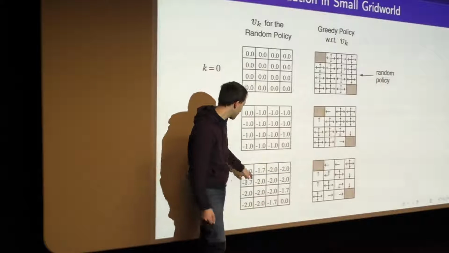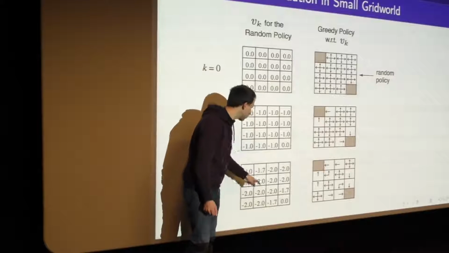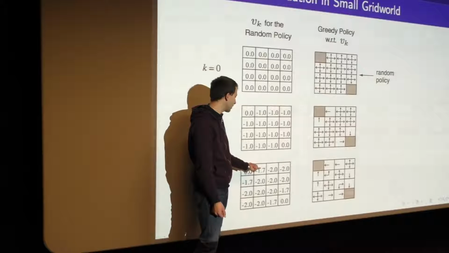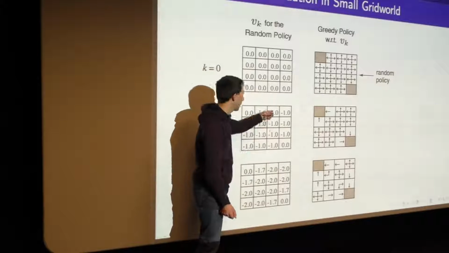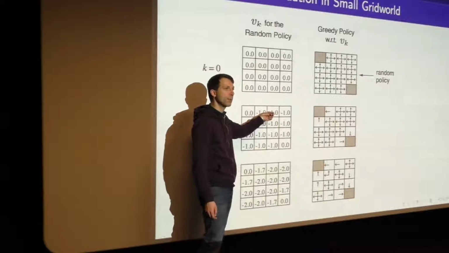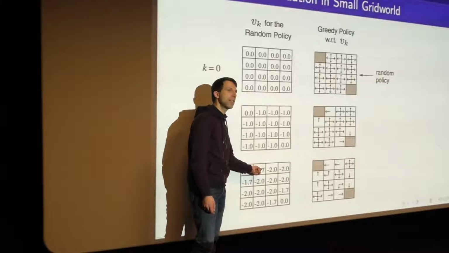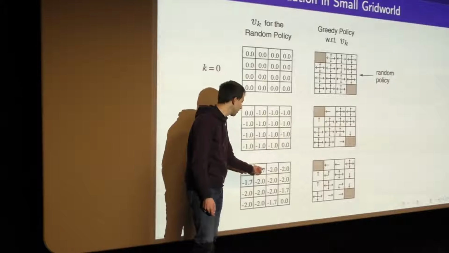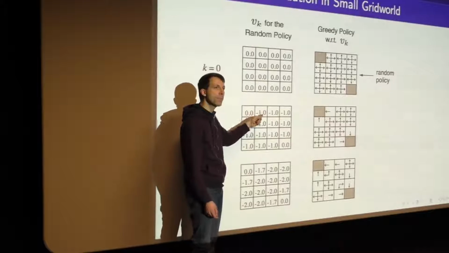However, if I consider, say, this state here, now I could go north, east, or south, and for each of those cases I'm going to estimate the same thing. If I go east, I'm going to see -1 for the step, and then -1 for my previous estimate of the value. If I go north, remember that I end up just sticking where I was, so it's the same thing: -1 for taking that step, and then I estimate the value of where I ended up to be -1, so -2 again.